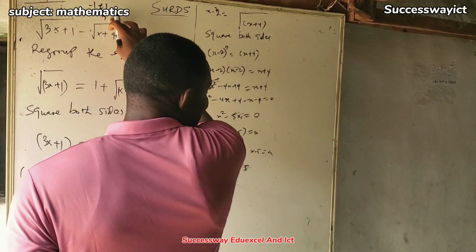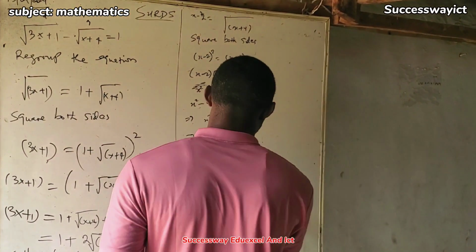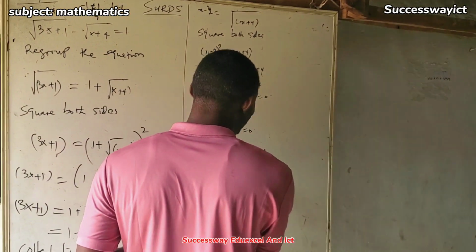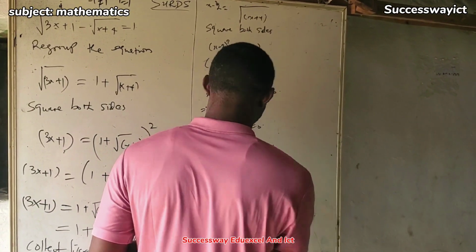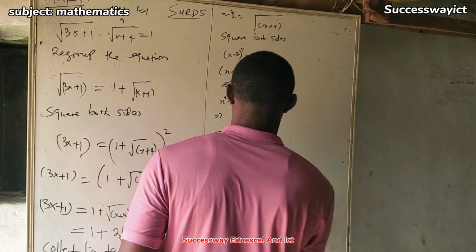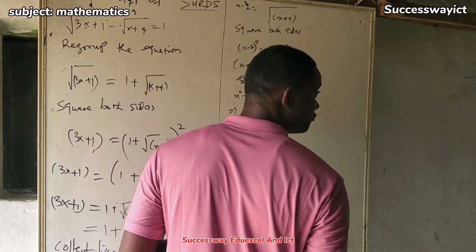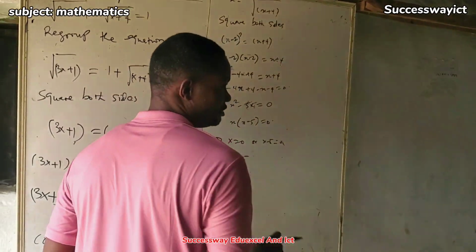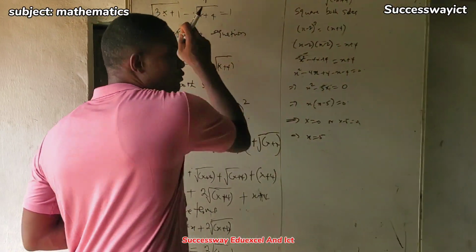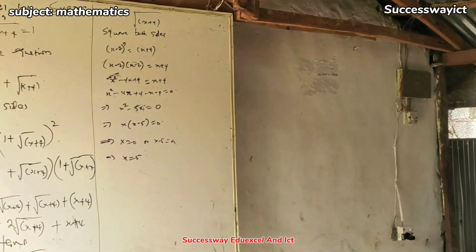So 4 minus 3 is 1. So 1 is equal to 1. This implies that x cannot be equal to 0, but x is equal to 5. This implies that x is equal to 5 because x cannot be 0. If it is 0, this equation is defiled. Is that okay?